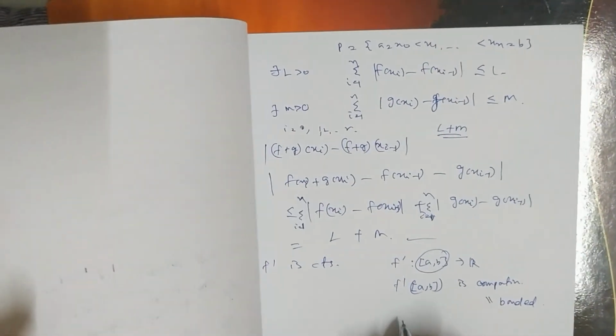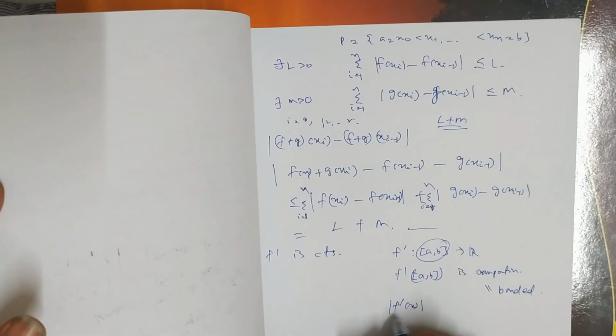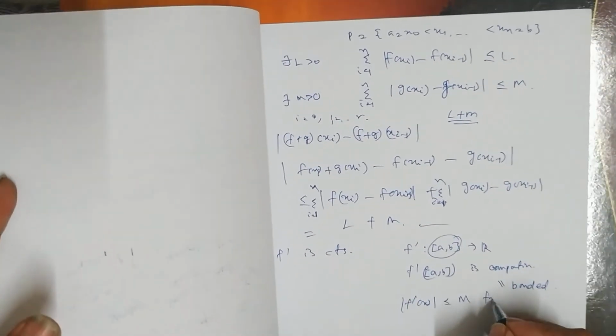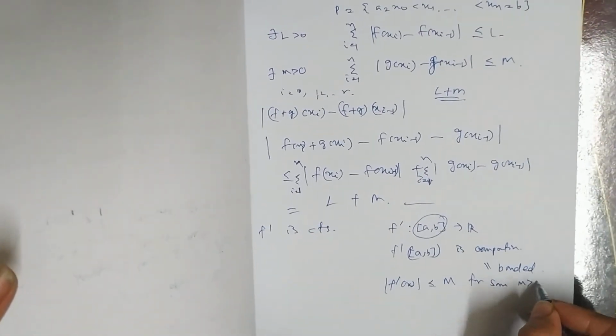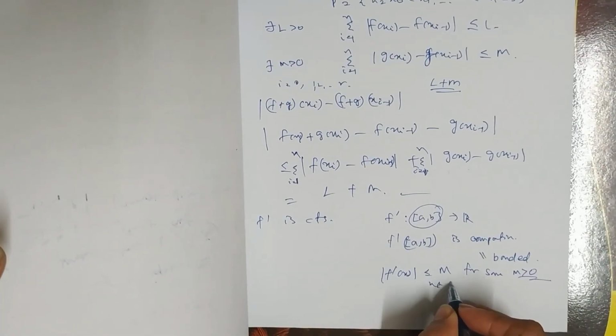In particular, |f prime(x)| is less than or equal to M for some M positive, and for all x in [a, b].